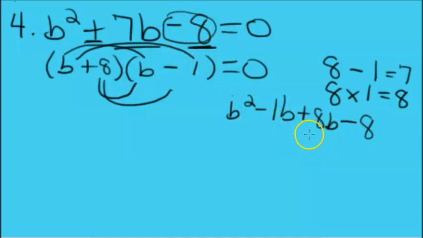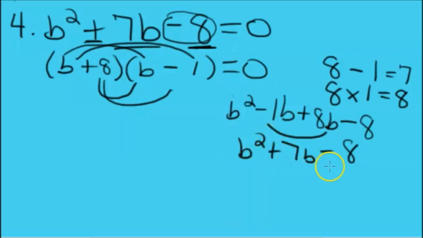Okay, so now we're just combining like terms. So -1 plus 8 is going to be positive 7. So we have 7b, then we just add the other one. So b squared plus 7b minus 8. Well, does that match our original term? Yes, it does. So we can check that off.